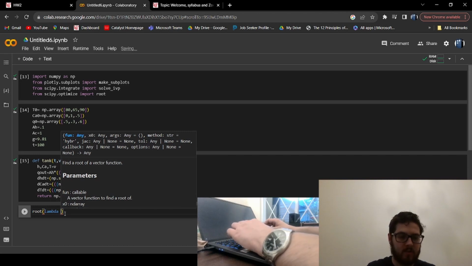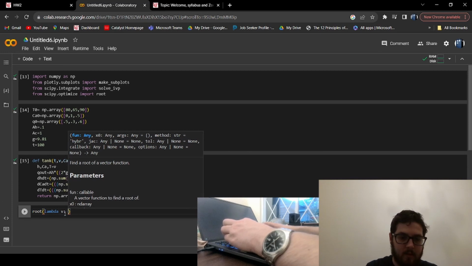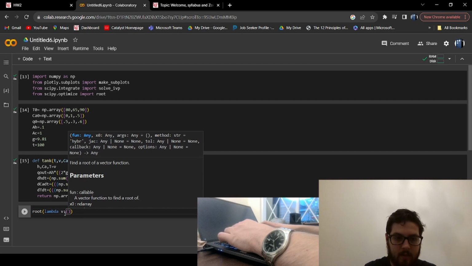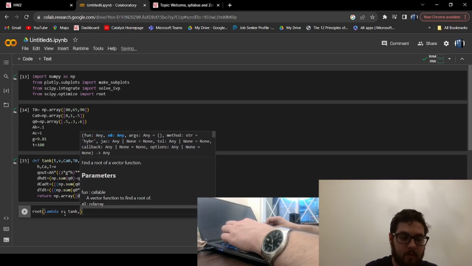And since this is going to be time independent, since it's a steady state, we only need to know about V. And that means that our initial guess, x naught, oh, I need to give it the function, that's right, and so the tank. Alright, now we can move on.